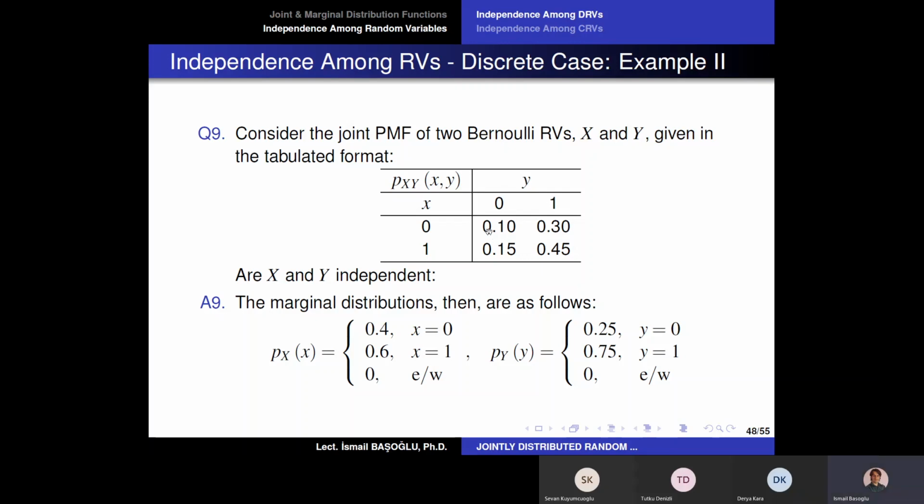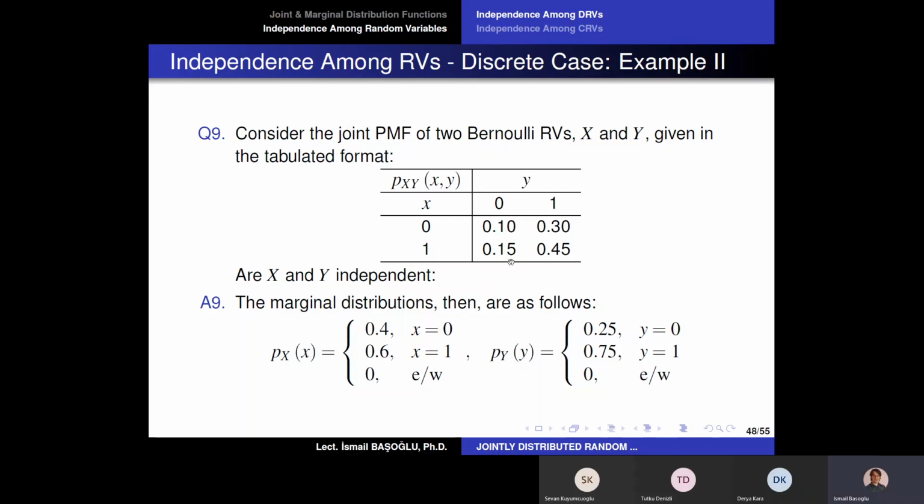For example, what is the first row? It is 0.10 to 0.30. What is the ratio of these probabilities? 1 to 3, right? So the proportion between these two values is 1 to 3. And that proportion is the same in the second row as well, 1 to 3.